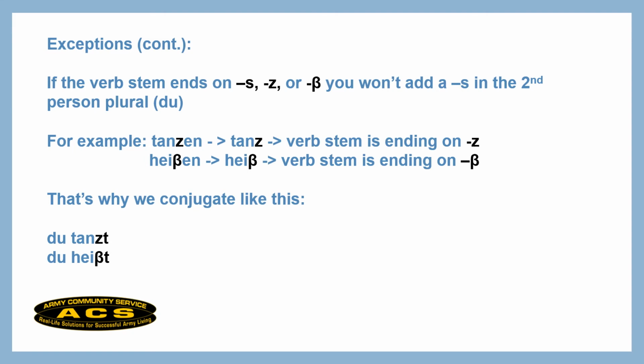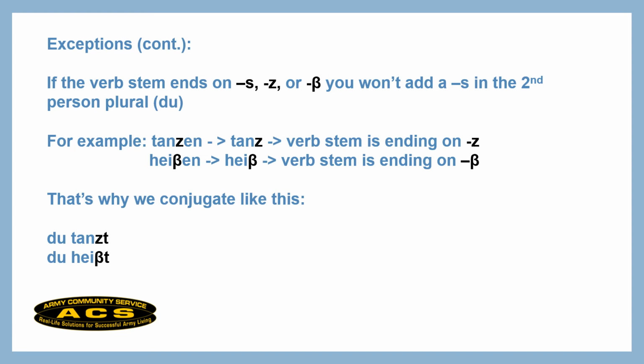So, because I already have a z, I don't have to add an s anymore. So my result would be du tanzt, with only z and t, no s.